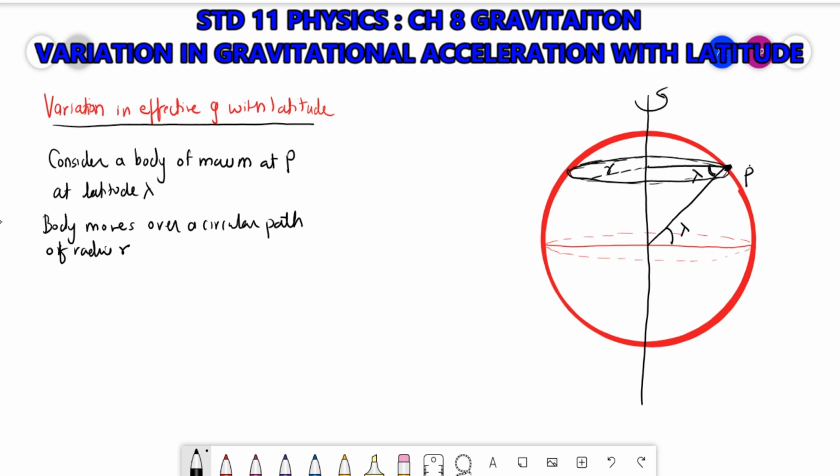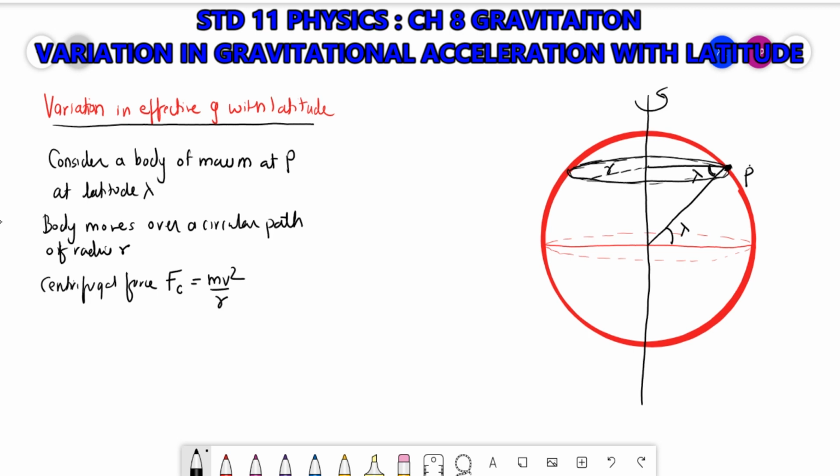So what will happen when a body moves circularly? A centrifugal force acts on it. So the centrifugal force acting on it, I will write down Fc, that will be equal to mv square by r.